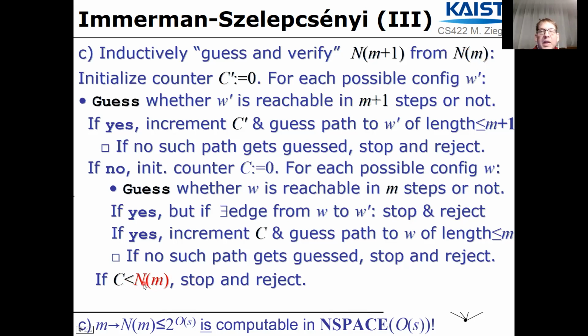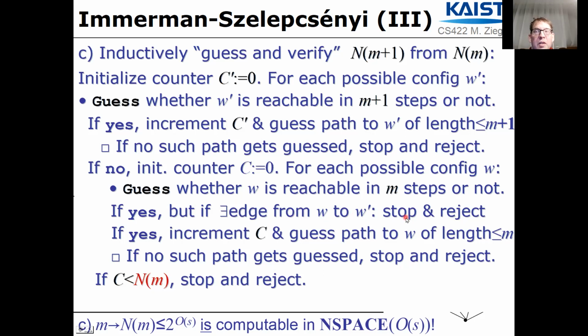And if we have not reached that value, it means we have made a wrong guess on the way in the inner loop. Conversely, if we have guessed correctly everything here, then we can check that this counter value has reached this number. And that means in particular that also all these guesses have been correct, right?